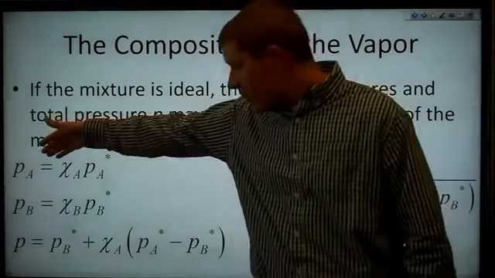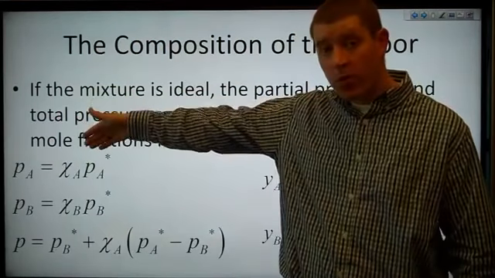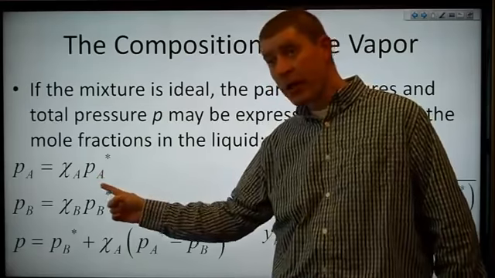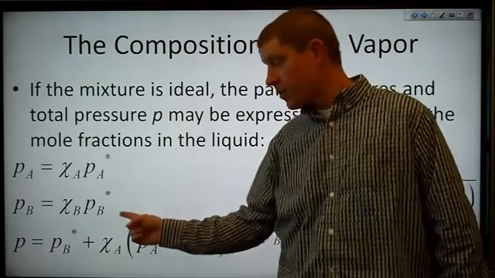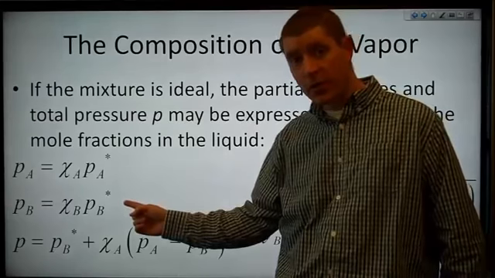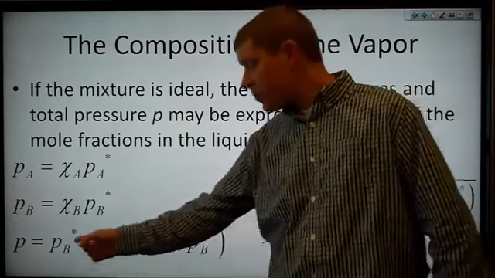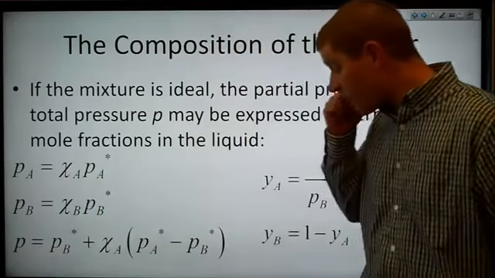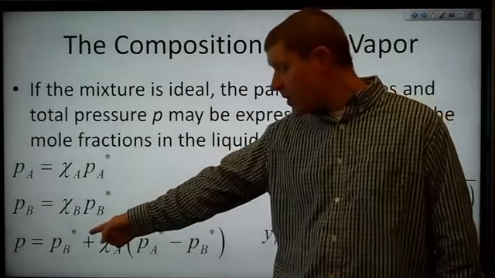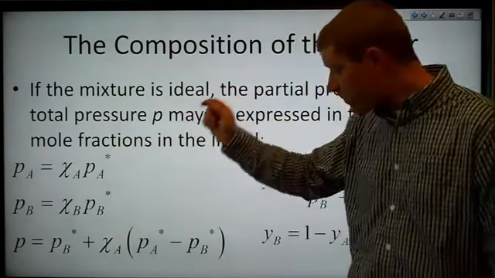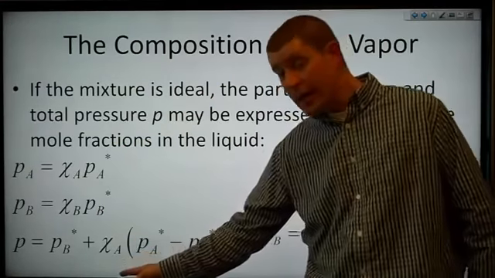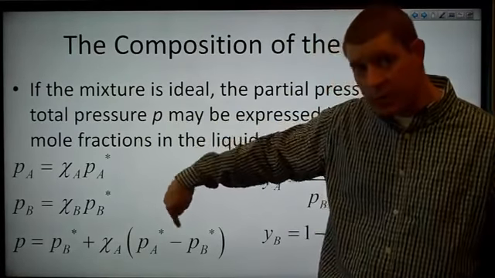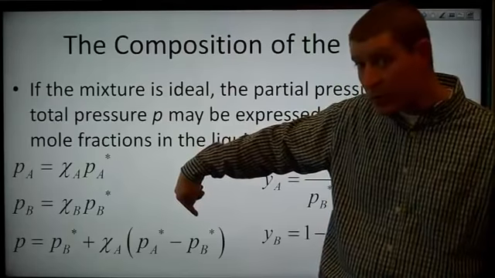So the partial pressure of A is equal to the mole fraction of A in the liquid times the vapor pressure of A when it's pure, and we get a similar expression for B. Well, that means that the total pressure of the vapor phase is equal to the vapor pressure of B when it's pure, plus the mole fraction of A times the quantity that is the difference between the two vapor pressures while they're pure.